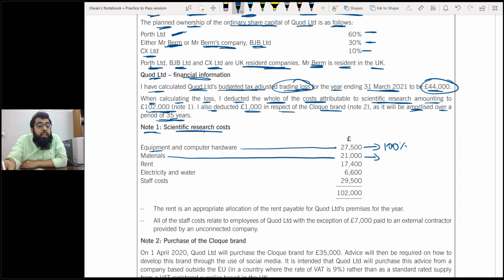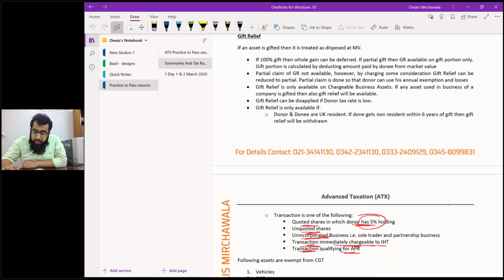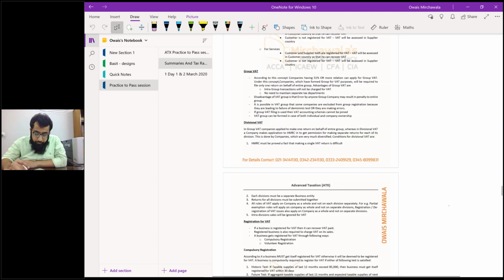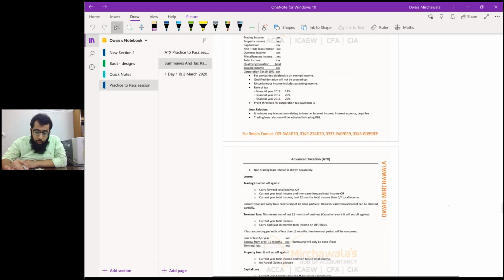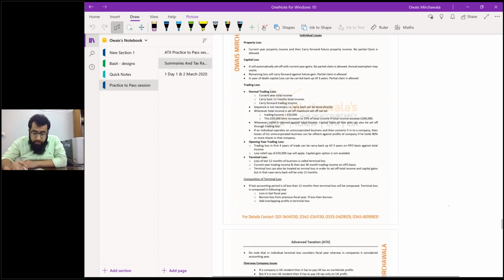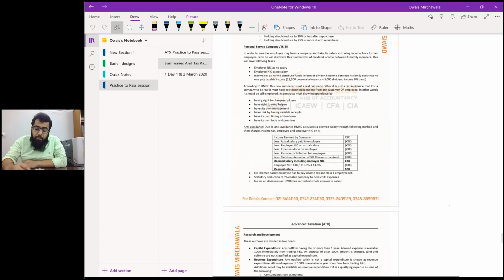Now, if you go to your summaries and tax rate handout, you can simply go and find the reliefs relating to research and development. The purpose of showing you people this handout is that I want you people to get familiarized with this handout so that tomorrow when you come for the session, you come by reading this handout maximum.